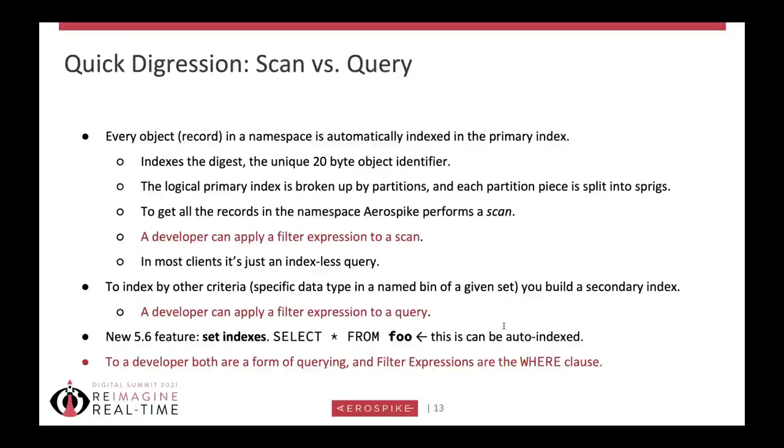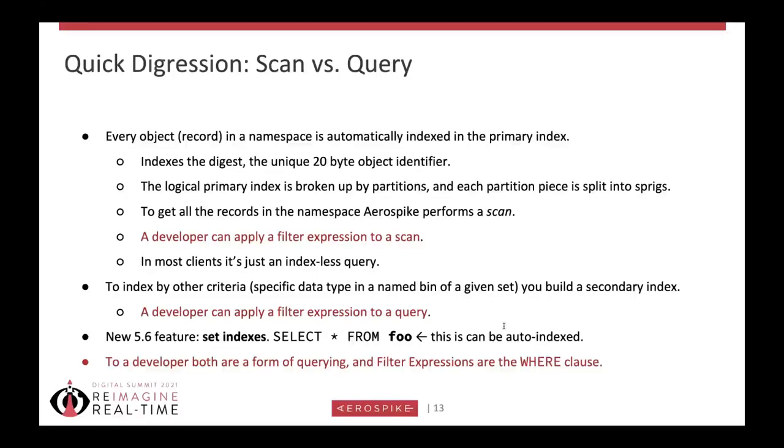Now let's continue. So, a quick digression about these terms that we use at Aerospike: scan versus query. Every record, every object in the namespace is automatically indexed in the primary index. It's kind of like a primary key on a table, but in this case, it's for all the data in the same database in our namespace.